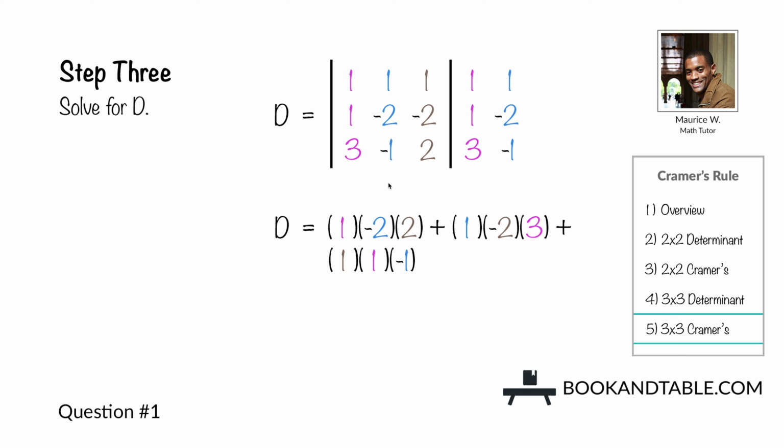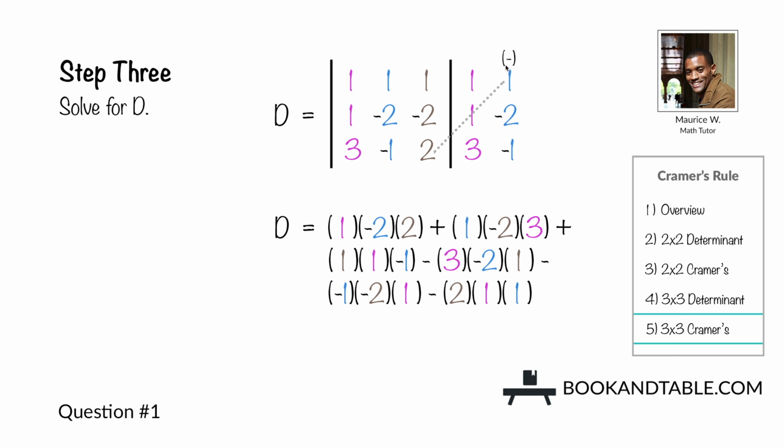And now we want to go down to row 3 and multiply the numbers going up and subtract those products. So we get -3 times -2 times 1 minus -1 times -2 times 1 minus 2 times 1 times 1.